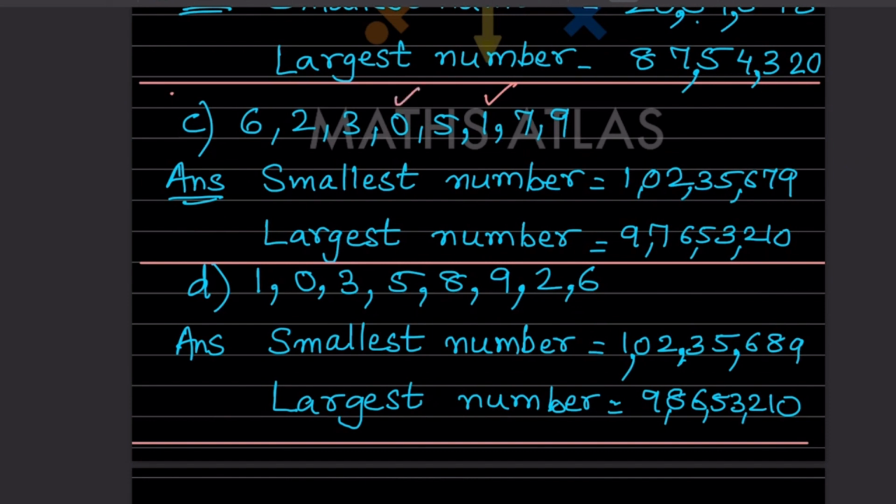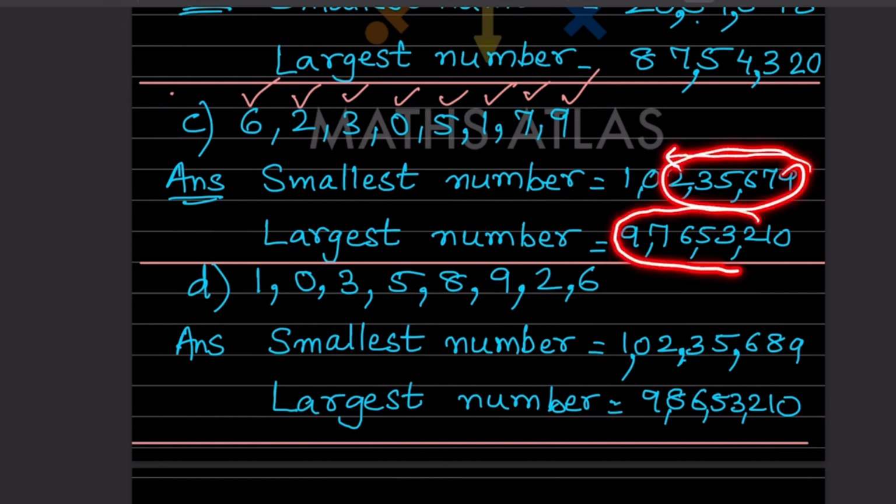So I'll put here 0. Then comes 2, then 3, then 5, then 6, then 7, and then 9. So this is the smallest number. Again for the largest number, we can go in the reverse order, but we have to stop before 0. So these digits can be written as it is, but in the reverse order.